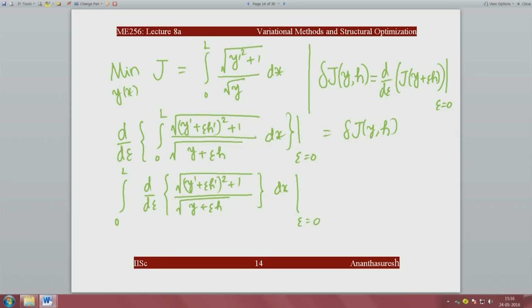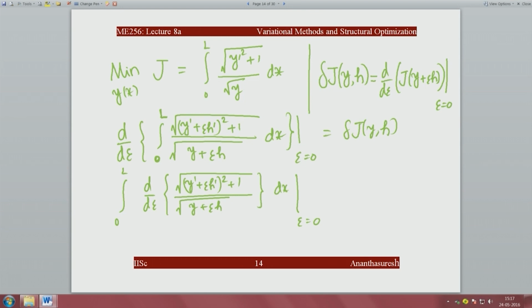So, you can see the order of differentiation and integration is interchanged here, and that is valid when the limits, here we have 0 and L, do not depend on this epsilon, okay, then we are allowed to do this, right. Now, whatever y prime, h prime, y, h are, you can definitely take the derivative of this ratio, right. So, this is the ordinary derivative that you take with respect to epsilon, you do that and then substitute epsilon equal to 0, then you will be left with this Gateaux variation, which will still be in the form of an integral. That is something we need to take note of.